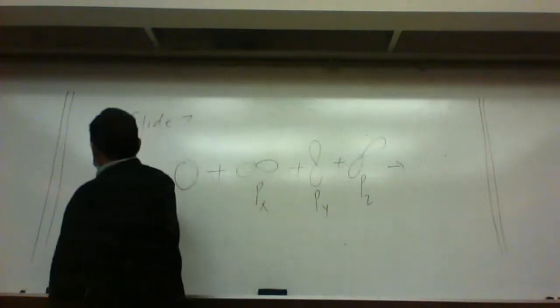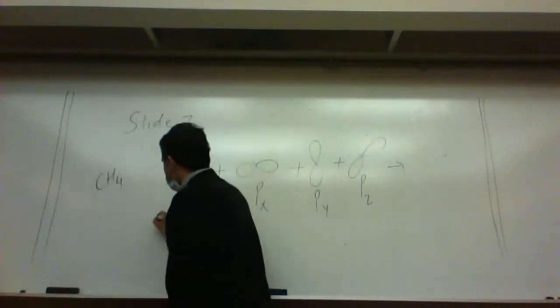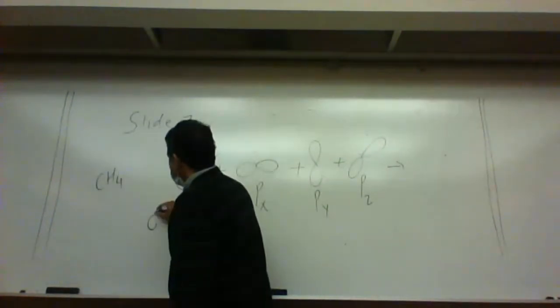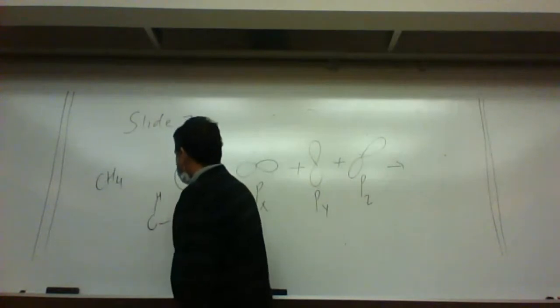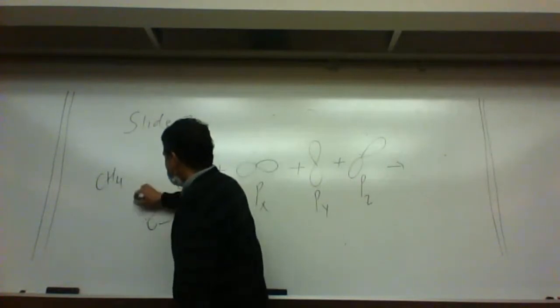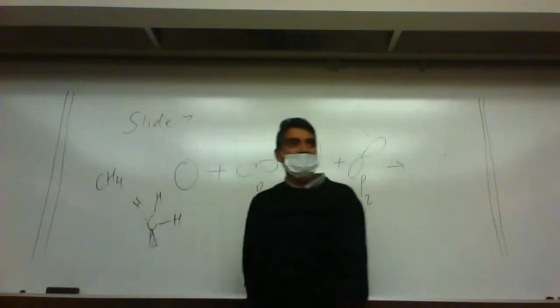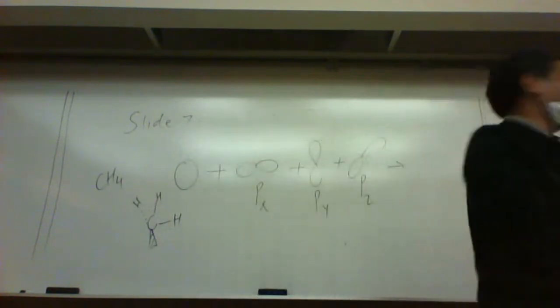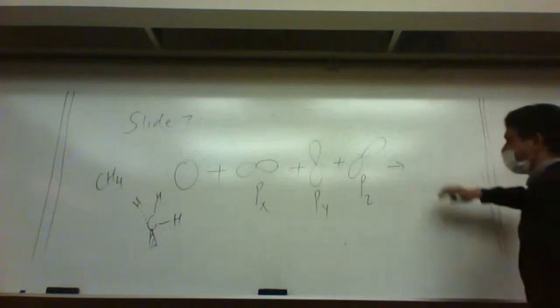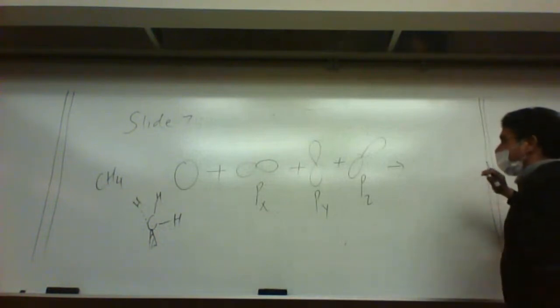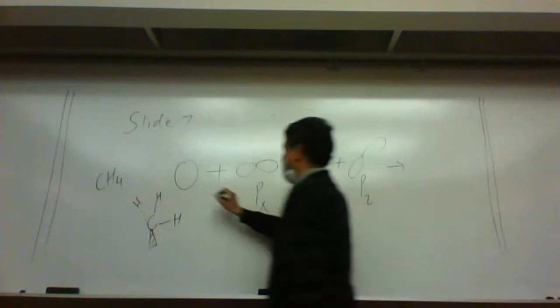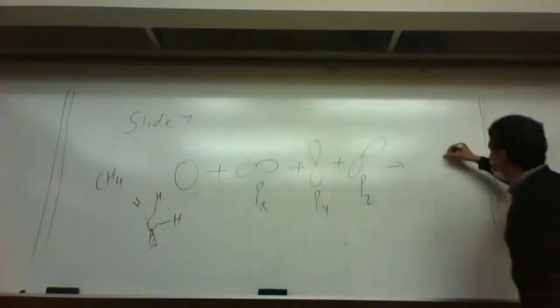If you remember the CH4 molecule from previously, I was telling you C is here, 1 H is here, 1 H is here, and there is 1 H going away from the board, and 1 H is coming toward the board, right? The tetrahedral molecule. So it looks exactly like that. I'm mixing 1 s and 3 p orbitals, so it looks like this.